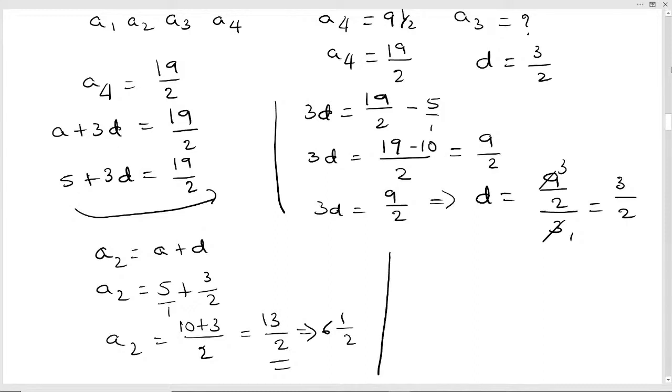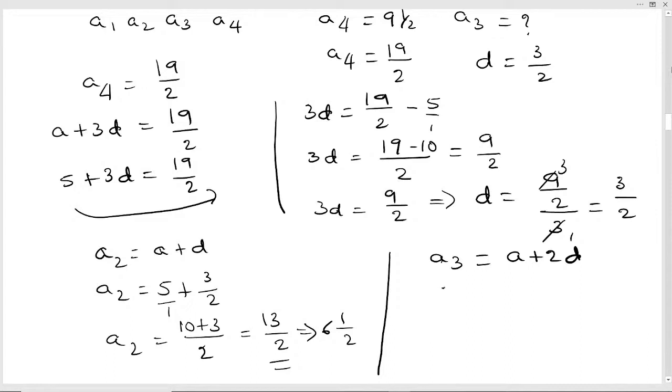Also we need to find the third term. In the question they are asking two terms: one is the second term, one is the third term. So the third term formula will be a plus 2d, that already you know people. The second term formula will be a plus d, the third term formula will be a plus 2d, correct?